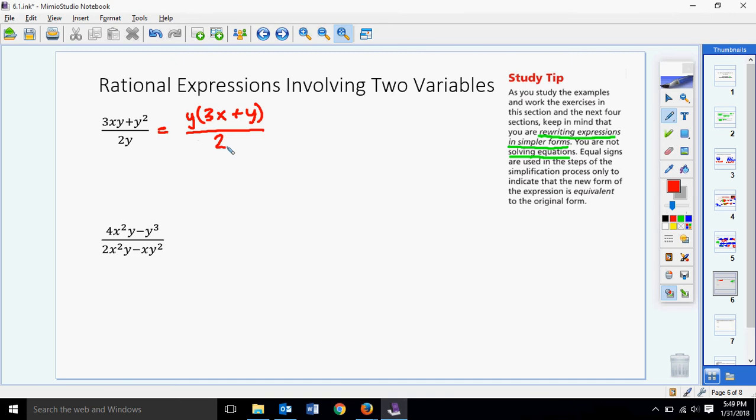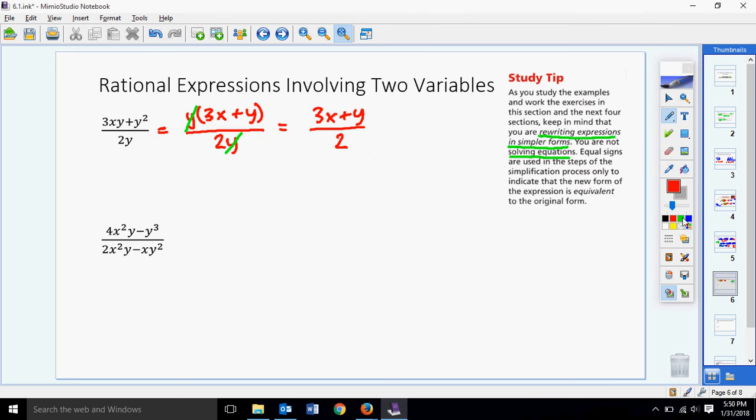In the denominator, I have a 2y. So let's look at what they have in common. I see a y here and a y here. I'm going to cancel those out. That leaves me with 3x plus y over 2. There's nothing more to simplify. I can't simplify my 3 and my 2.